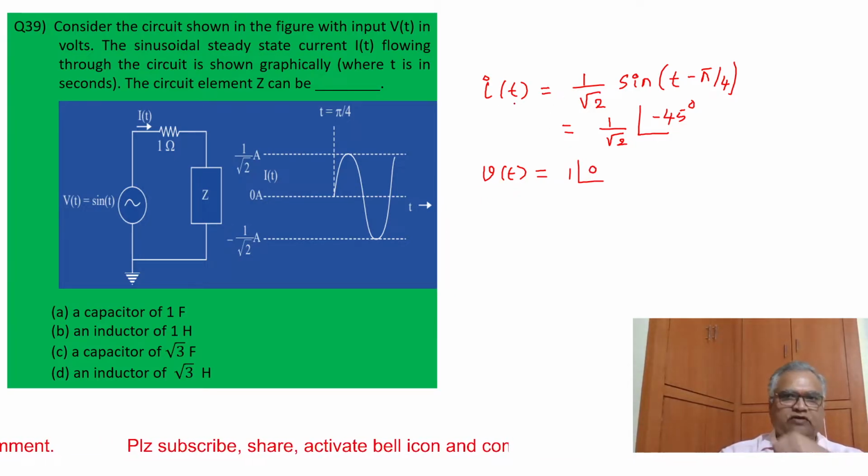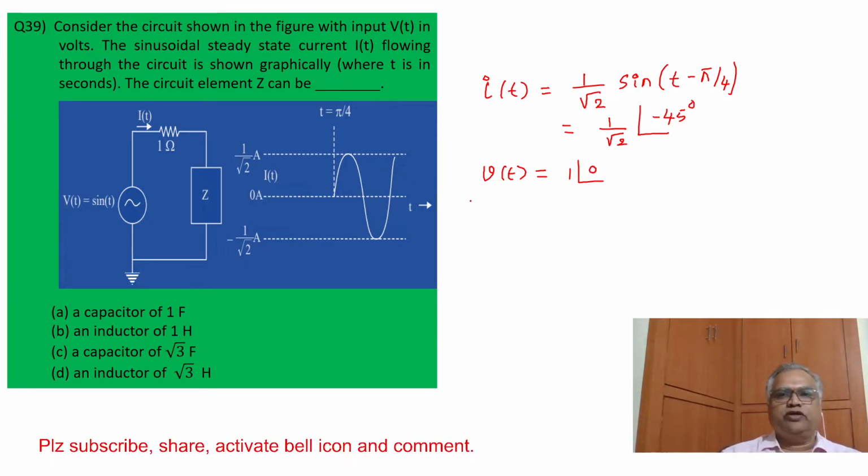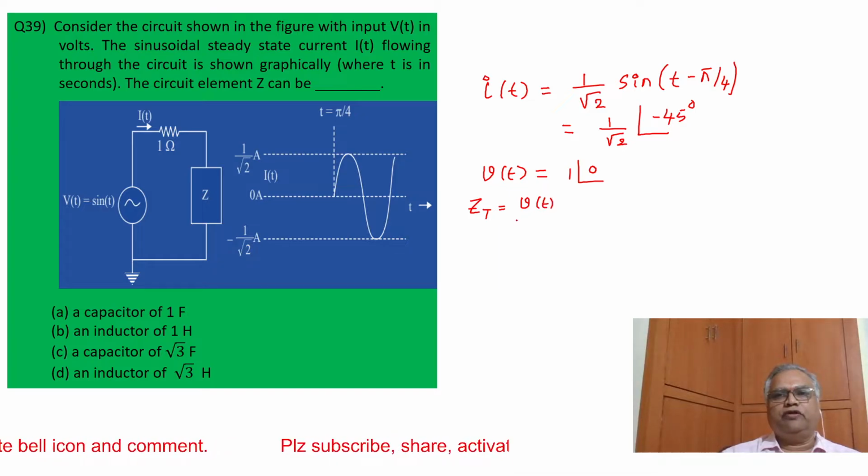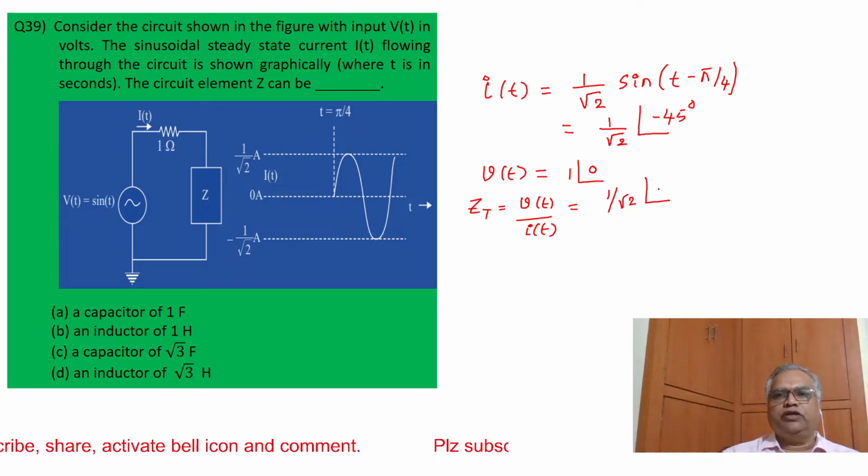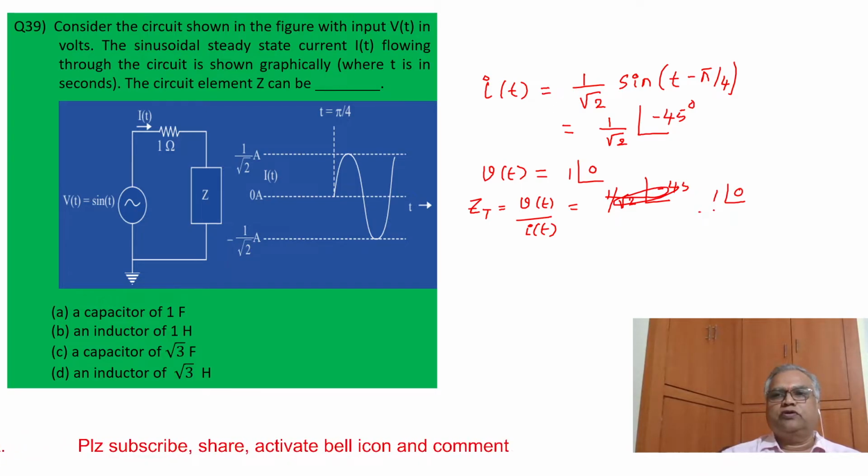So voltage in phasor form, current in phasor form, what is the total impedance? It is V of t by I of t. Voltage 1 of angle 0, current 1 by root 2 angle of minus 45.